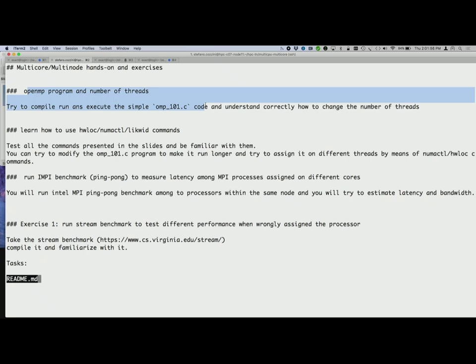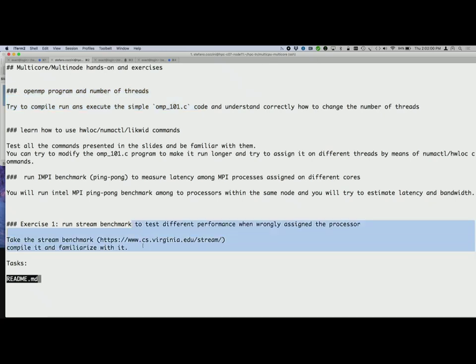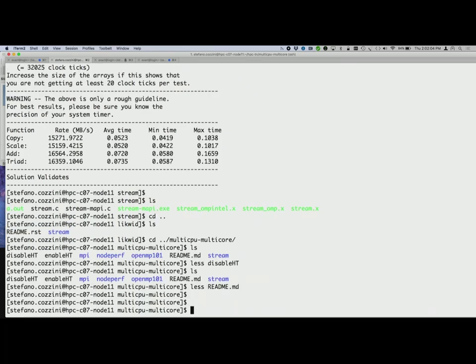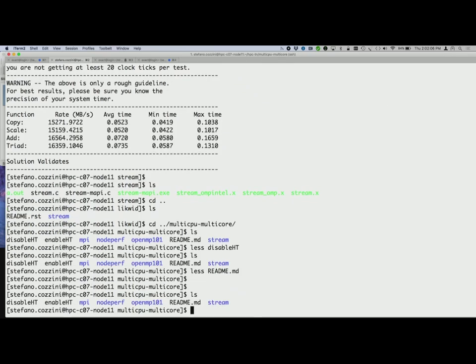Exercise 1 is to run the stream benchmark to test different performance when wrongly assigned to the processor. The idea here is that we would like, by means of numactl or by means of hwloc, to place the RAM on one node, okay, and the threads, the computing part, on another node, socket, sorry.